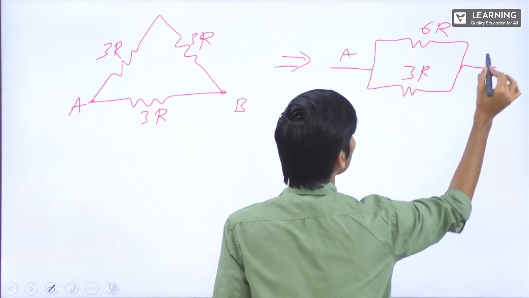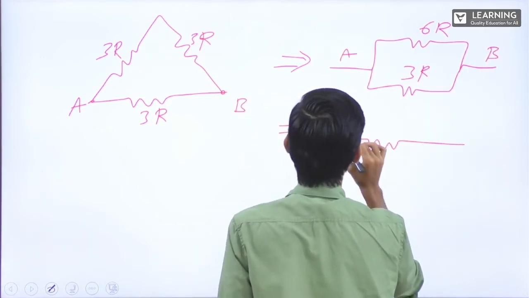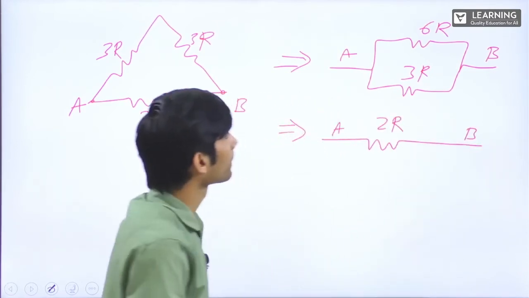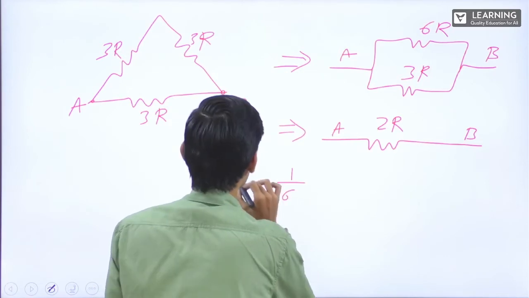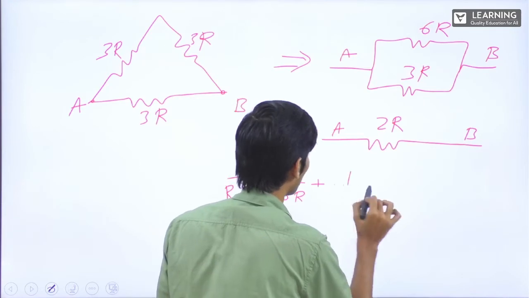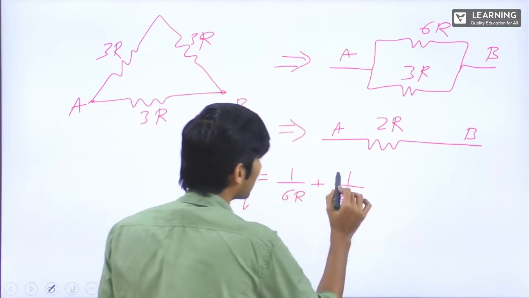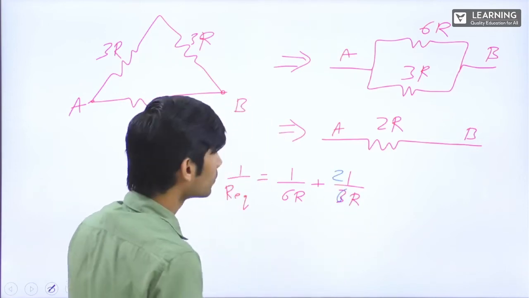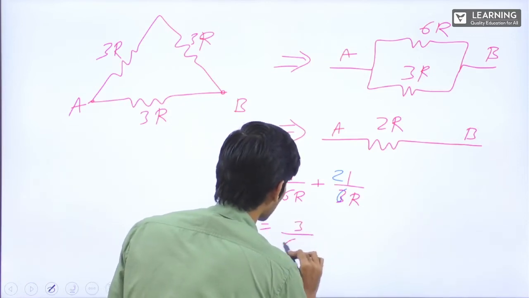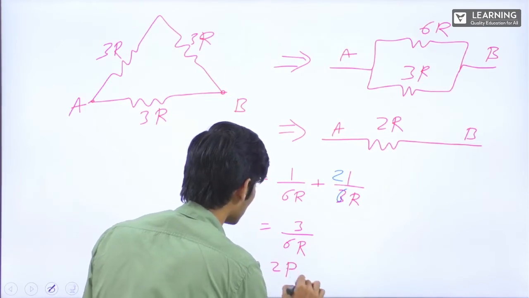This is A, this is B. Across AB, finally we got the R equivalent, that is equal to 2R. Just check. 1 by 6R plus 1 by 3R. So here, to make the denominator as 6R, I can multiply numerator and denominator both by 2. 2 plus 1, 3 upon 6R. R equivalent is equal to 2R. Correct?